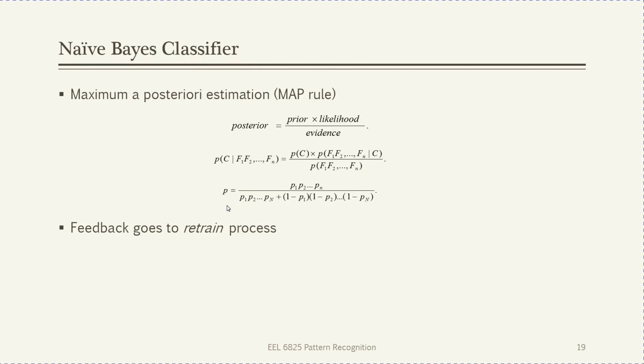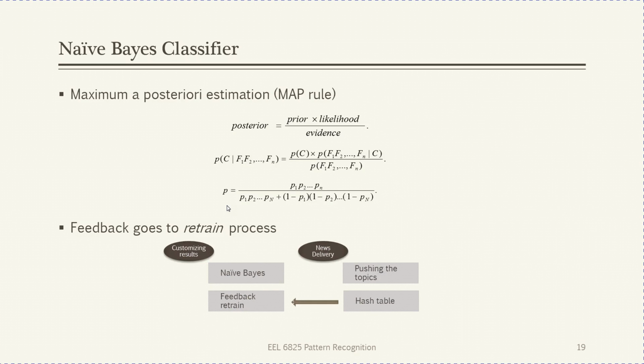Another thing here is the feedback goes to the retrain process. What this means is that we get feedback from the end users, and this feedback is usually structured data, and we can use that to retrain our system so that we can give better performance to individuals.